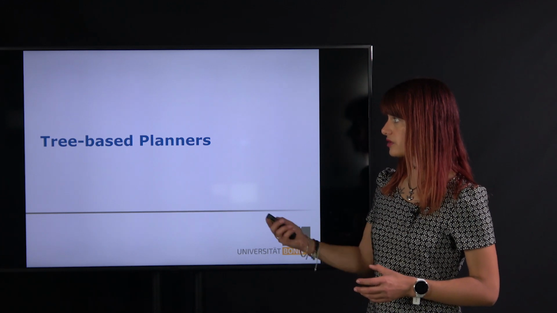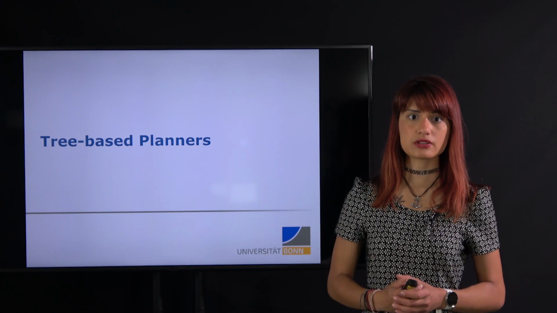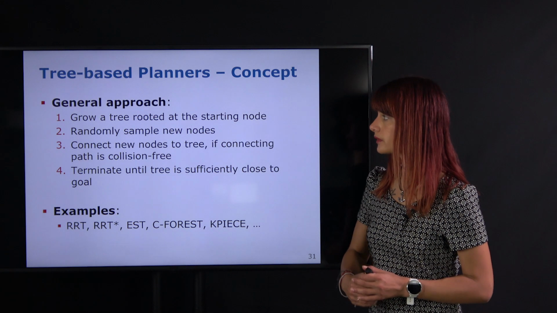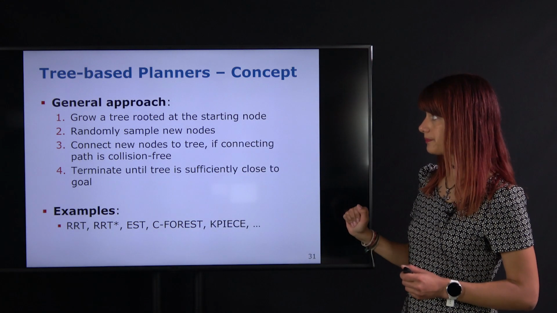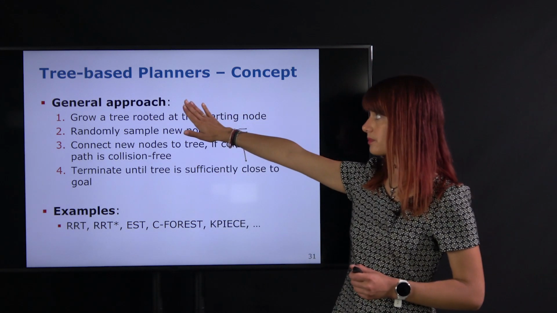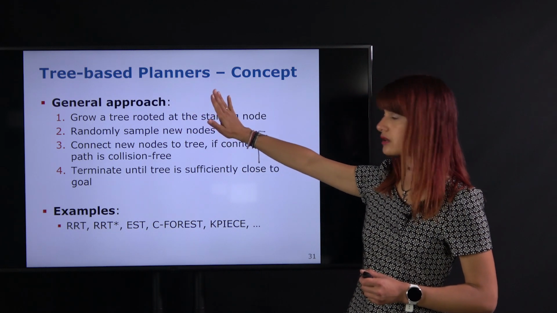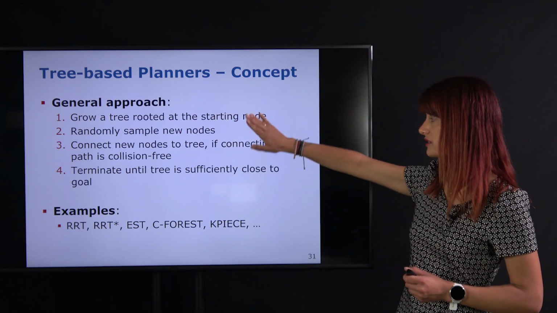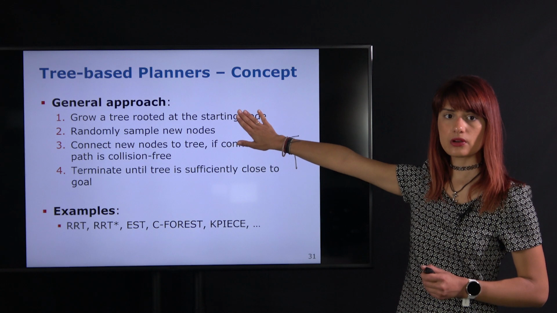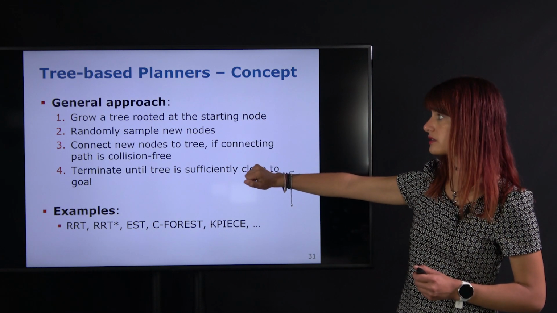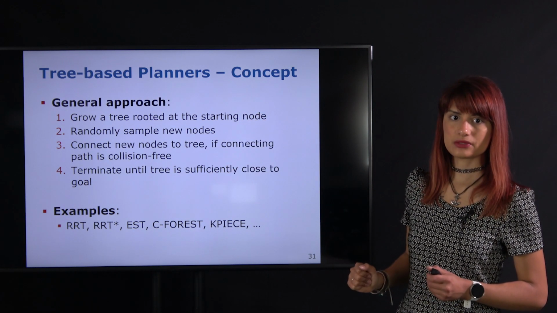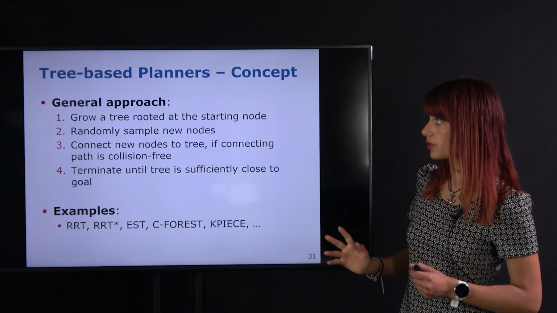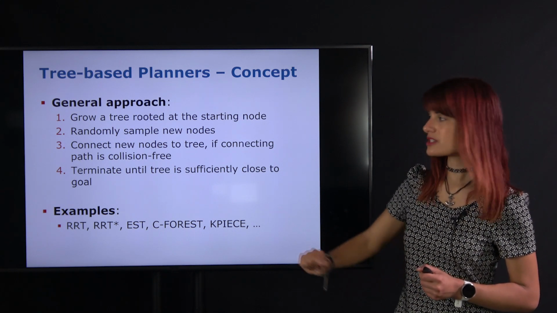So the general concept underlying tree-based planners is as follows. Here we have the steps. The tree-based planner is firstly directional. So we start with a starting node or starting configuration, and then we directionally grow a tree from it. To grow the tree, we have two steps as before.